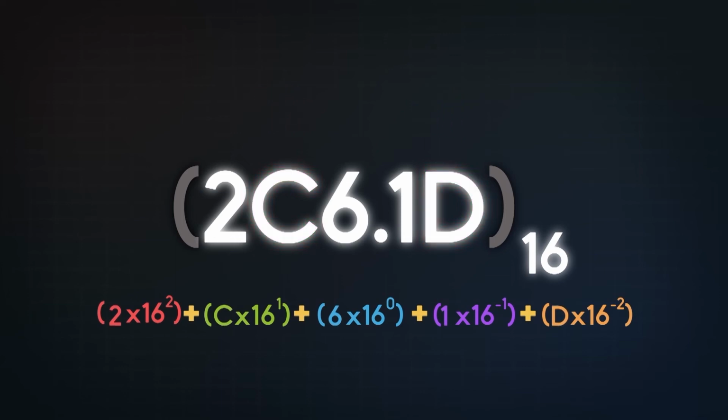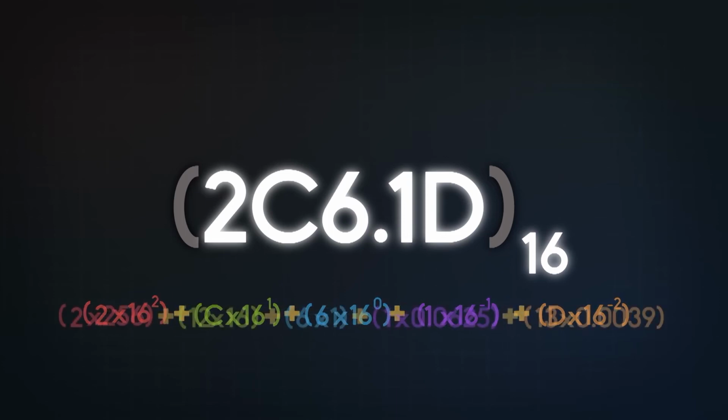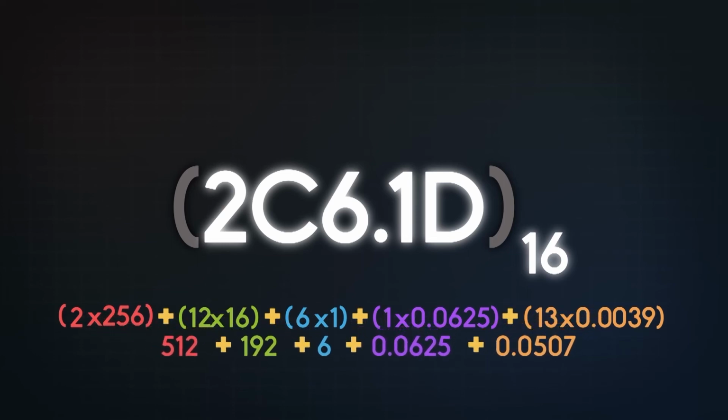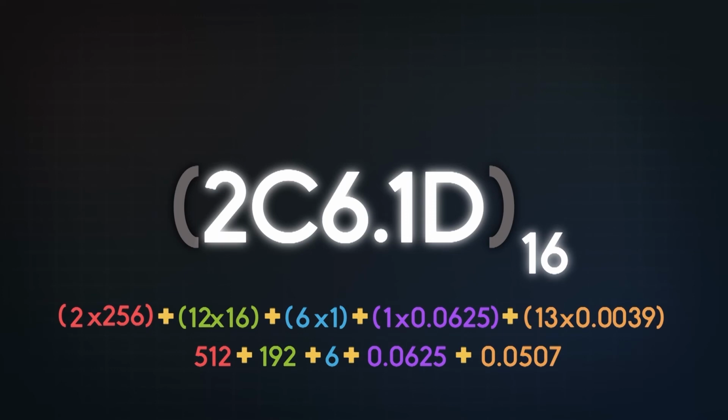Continuing from the previous step, we write 2 into 256 plus 12 into 16 plus 6 into 1 plus 1 into 0.0625 plus 13 into 0.0039, which is equal to 512 plus 192 plus 6 plus 0.0625 plus 0.0507.